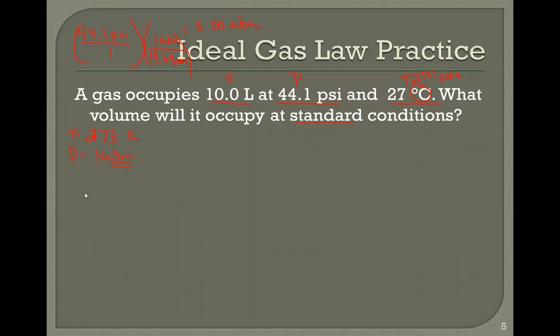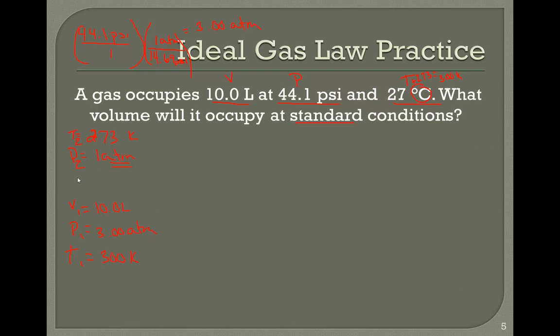So we have V1 is 10.0 liters, P1 is 3.00 atmospheres because we just converted it, and T1 is 300 Kelvin. T2 is 273, P2 is 1 atmosphere.